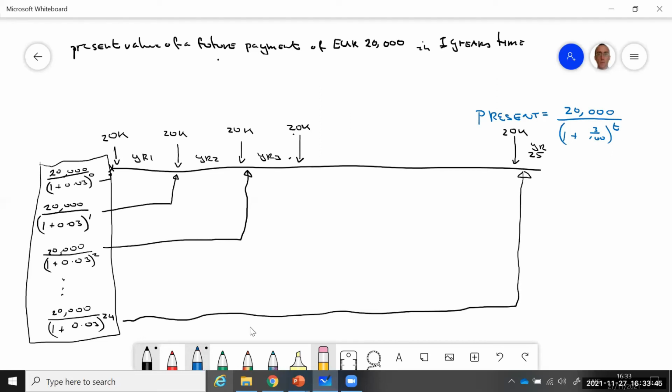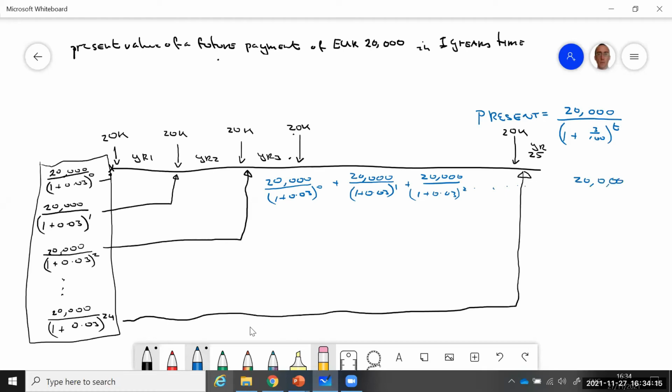Our geometric series is 20,000 over 1.03 to the power of 0, plus 20,000 over 1.03 to the power of 1, plus 20,000 over 1.03 to the power of 2, and so on.